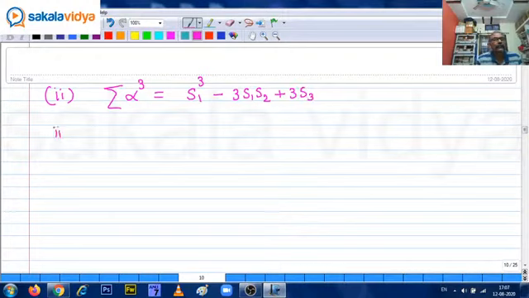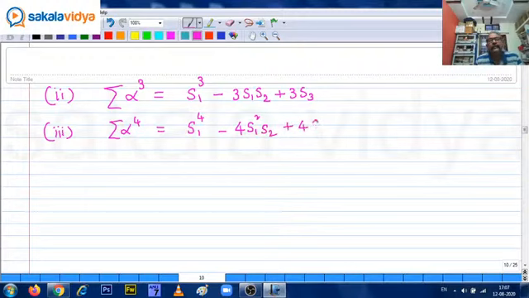Next, third one. Sigma alpha power 4 is s1 to the power of 4 minus 4 s1 square s2 plus 4 s1 s3 plus 2 s2 square.